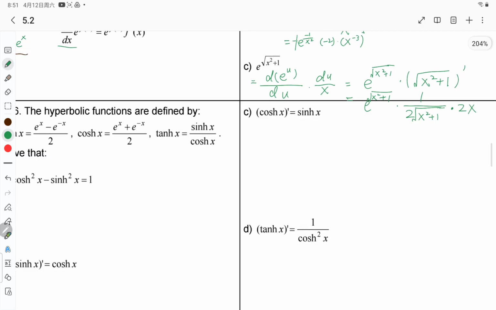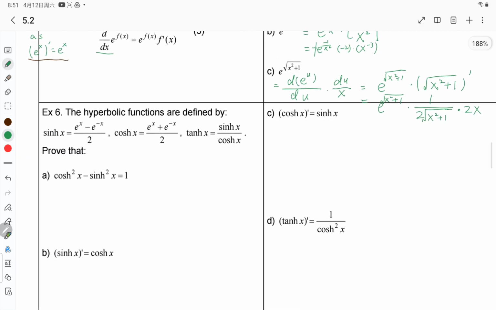Alright, yeah. So hope it's not hard for you. But if you get a different answer, make sure that you go back to the previous notes and definitely review them, alright?